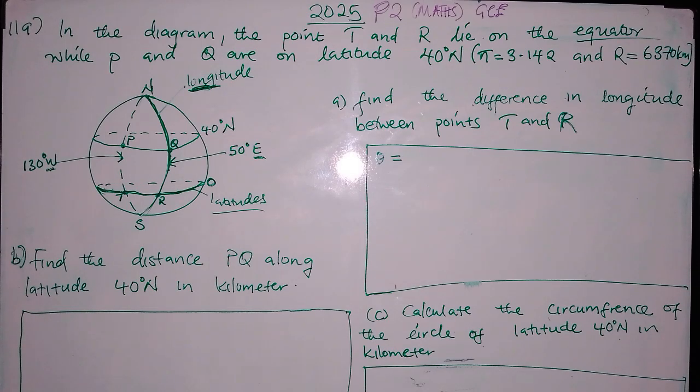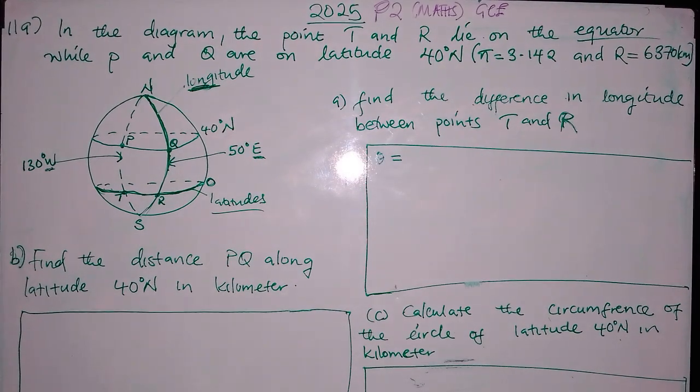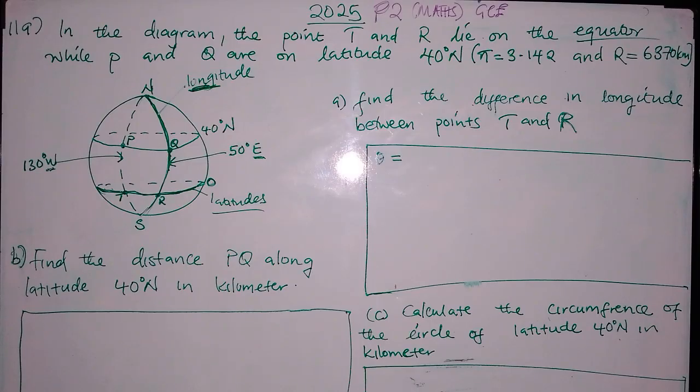Before we understand how to calculate the difference in longitude, you need to first understand longitude and latitude and how you can identify them. On our sphere here, we have two kinds of lines.